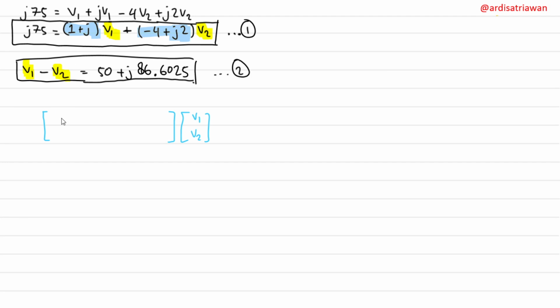So I will have 1 plus j here, j, and then minus 4 plus j2, and then for V1 minus V2 the coefficients are 1 and minus 1. This will equal the right hand side of both equations, the constant part. For the first one I will have j75, and for the second one I will have 50 plus j86.6025.